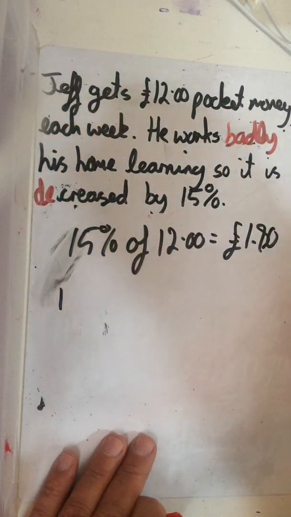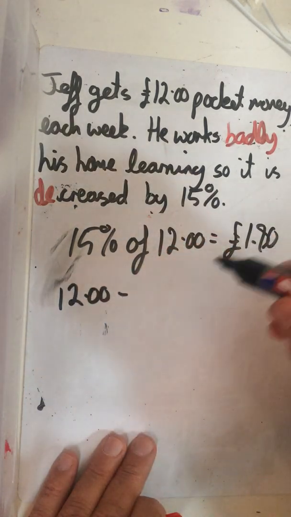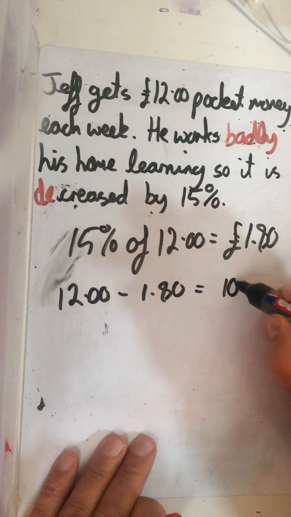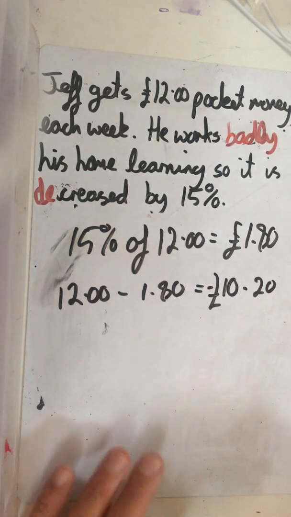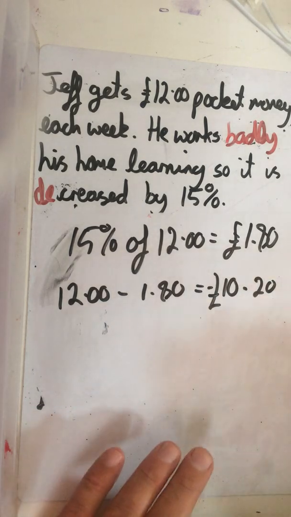If the question is how much does he now get, you would get your £12, and this time it's decreased by £1.80. So his new total would be £10.20. Okay, we're taking those away. So that's to do with increases or decreases when applying to word problems.